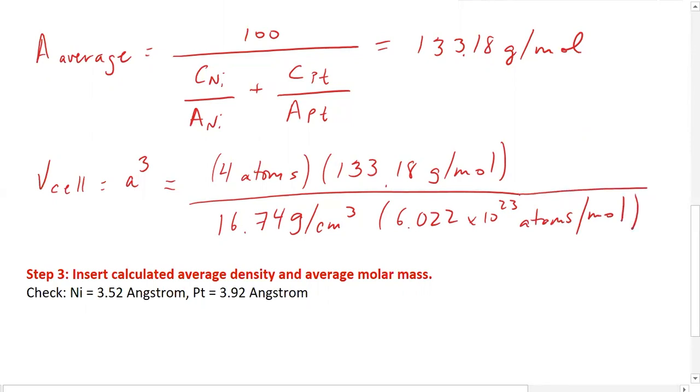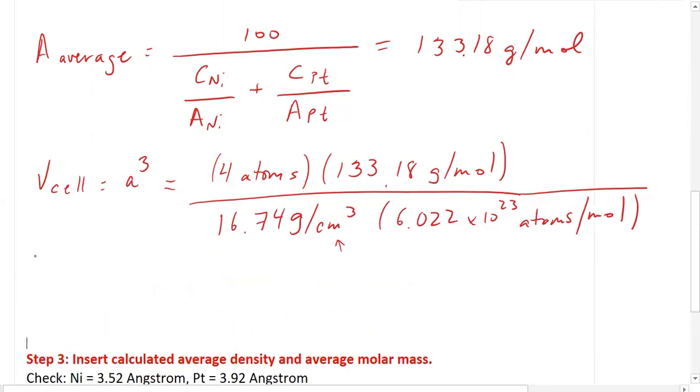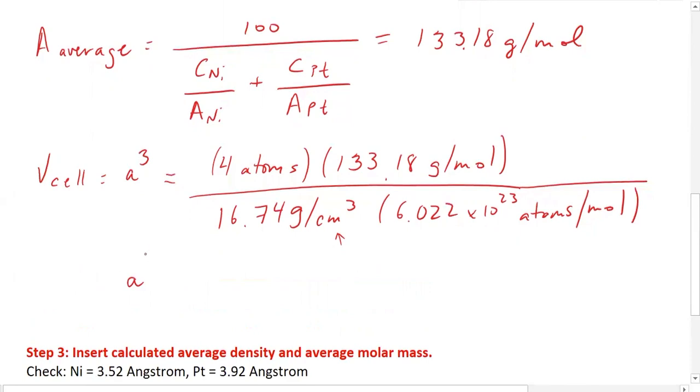But we can see here that this has units of centimeters cubed, and thus a cubed is equal to 5.28 times 10 to the negative 23rd centimeters cubed.